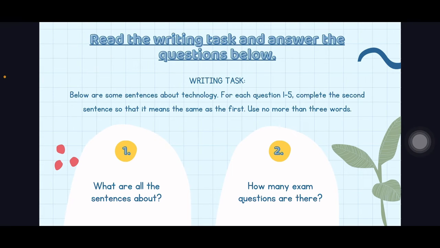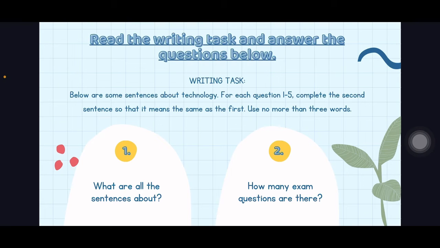Now we will read all the sentences in the task on the right, but this time you will not write any answers or complete them yet, because you need to read the question first.